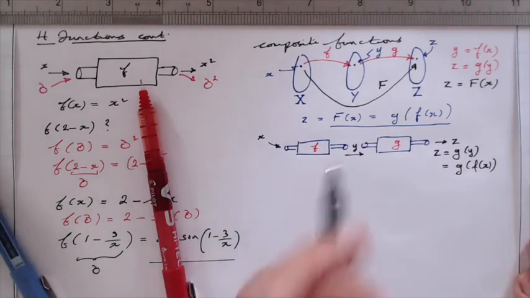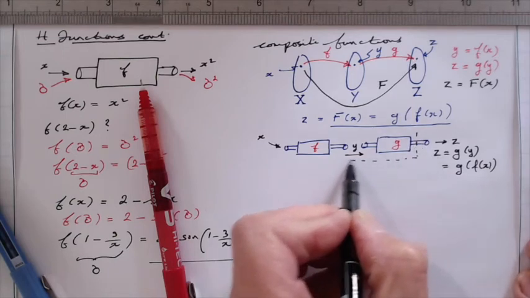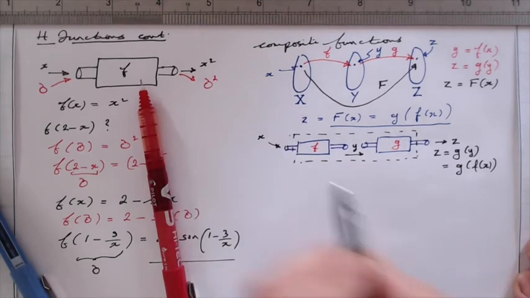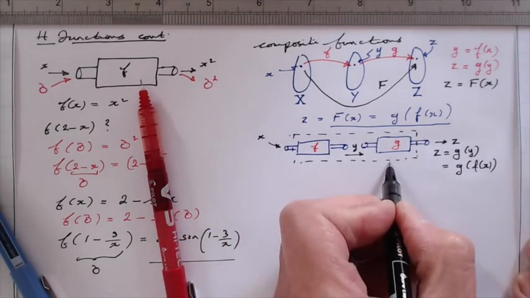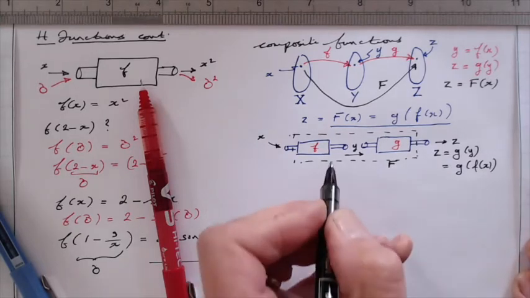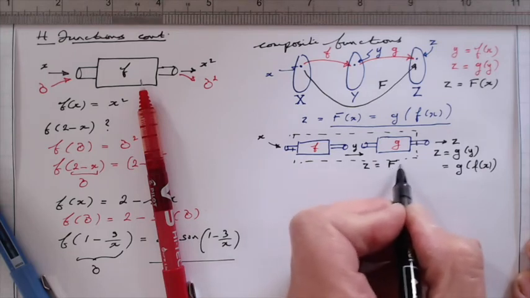But at the same time, we could just put a black box over this whole machinery here, and then you just have x coming in, z coming out, and you could just, if you wish, call that whole machine inside the black box capital F.